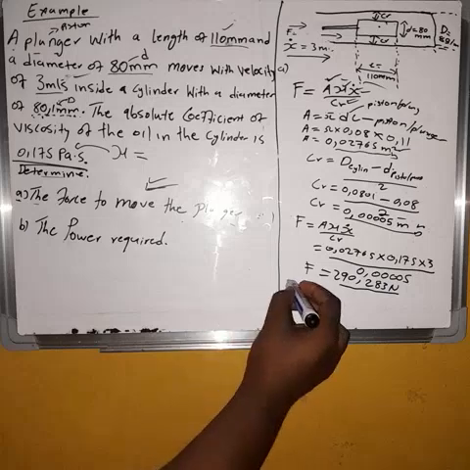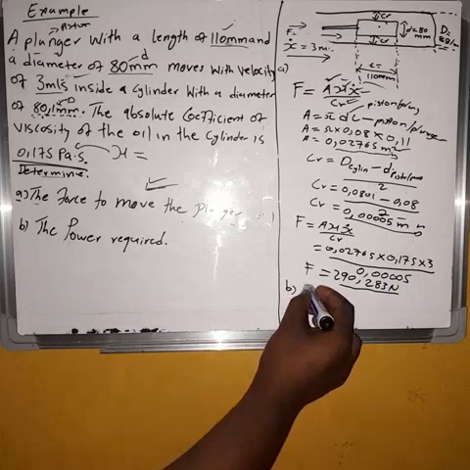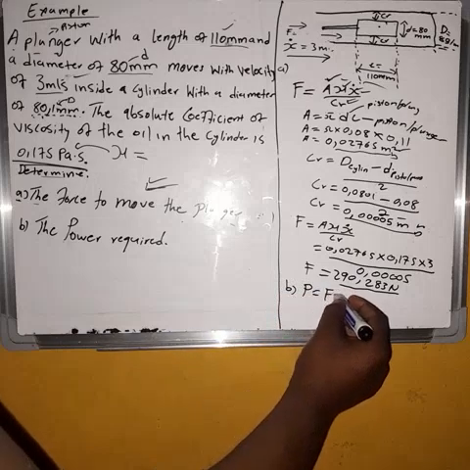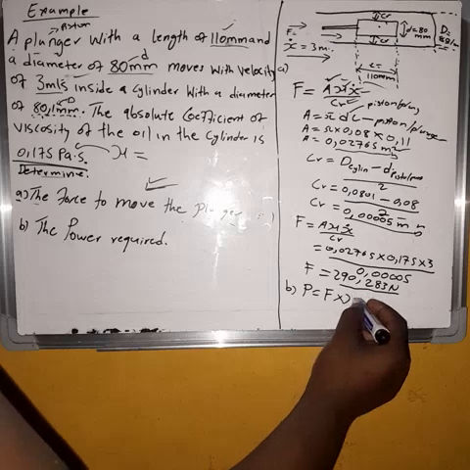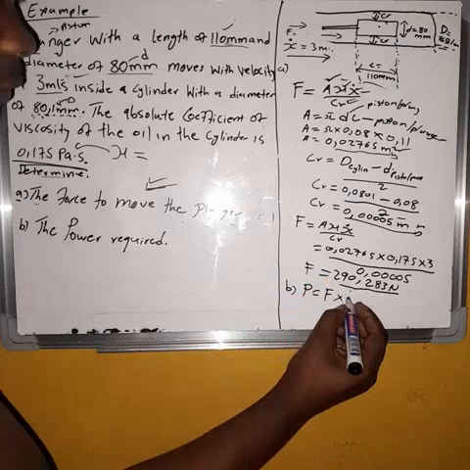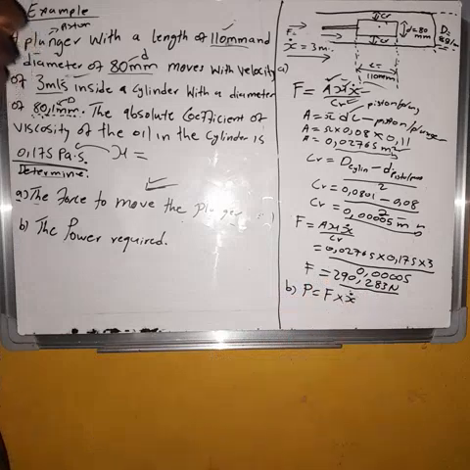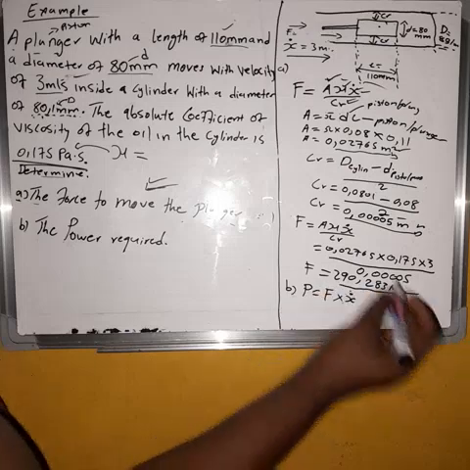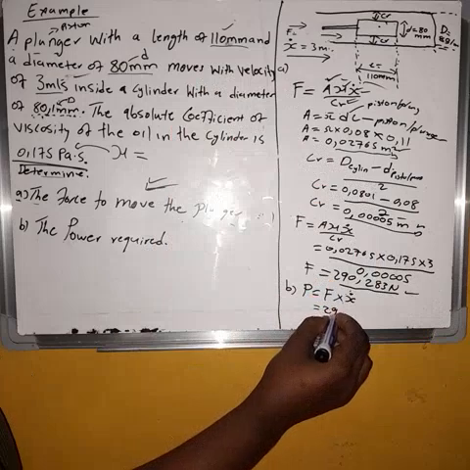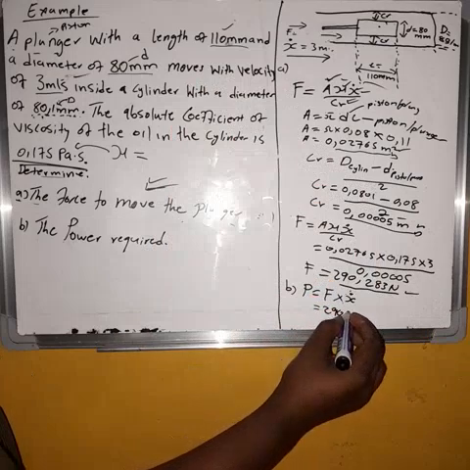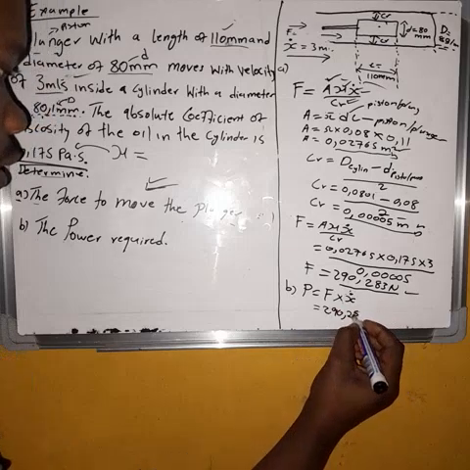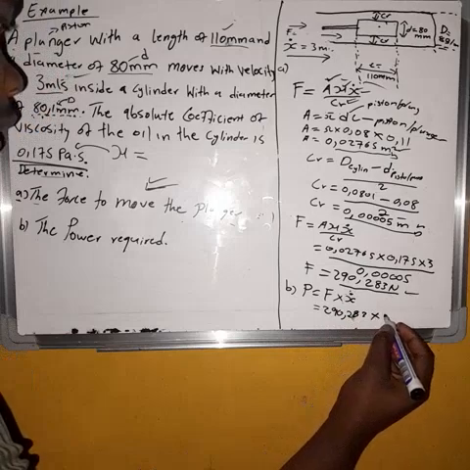Then the power, P. Remember, power is calculated as force multiplied by velocity. We have the force and we have the velocity. The force is 290,283 multiplied by 3.